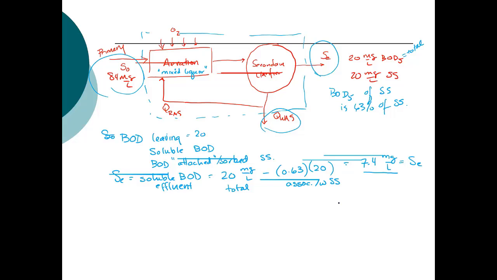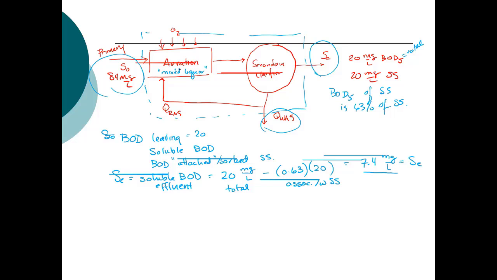If you think about this, we're recycling microorganisms. Think about it as representing how long a microorganism would reside in the system. It's just going to keep getting recycled around. So it's not the hydraulic detention time. It's focused on the microorganisms themselves.